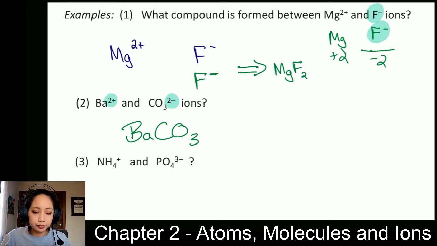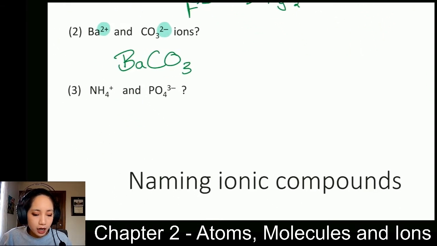Okay, lastly, we have two different ions. This is our one polyatomic cation that I want you to remember: ammonium. It's not a metal, so this is one of our exceptions, but it's a polyatomic cation, and I give you the charge right here, so it's +1. And then we have a phosphate anion, which is 3-.